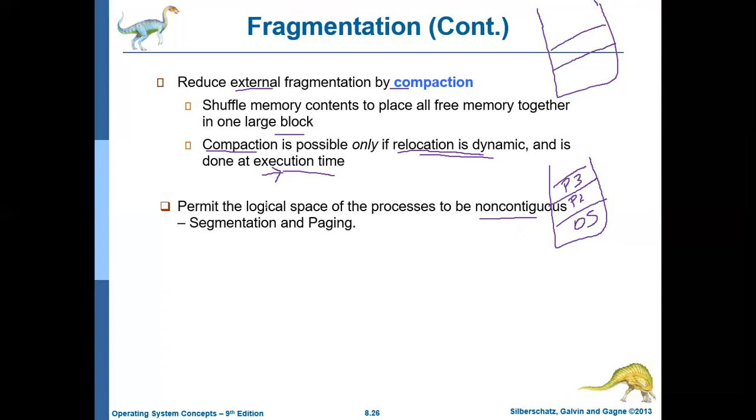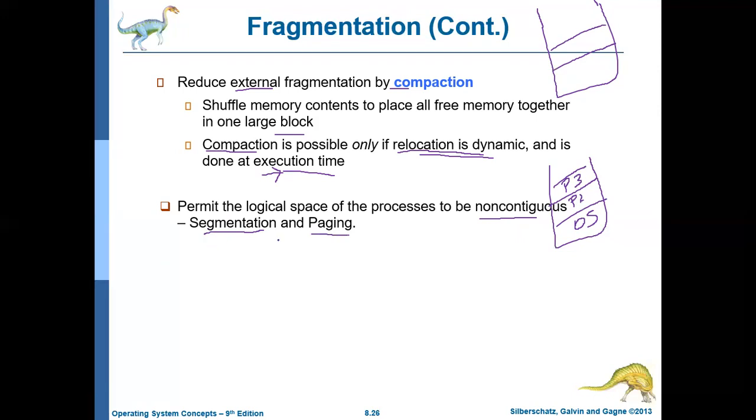So we'll be discussing two techniques for that. One is segmentation and the other one is paging. So the rest of the entire topic will depend on this. Okay. So whatever we are going to discuss next is segmentation and paging.